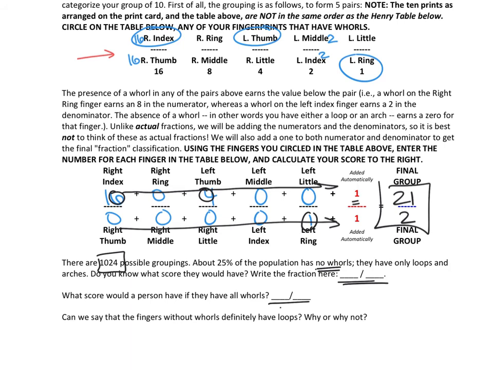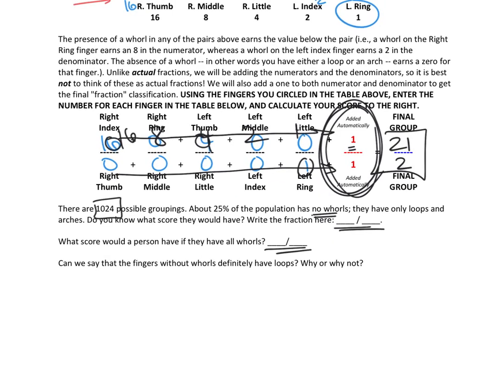And what if you had all whorls? Then I would have 16 plus 8 plus 4 plus 2 plus 1 on the top and the bottom, not forgetting about that automatically added one. And then you have one final question: if I don't have whorls, would I definitely have all loops? Think about it.